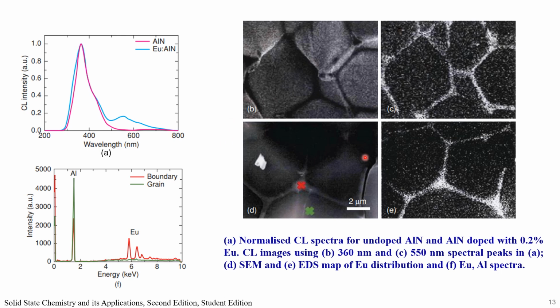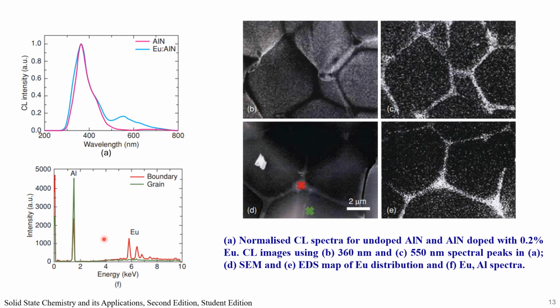This is further confirmed by SEM. D1 shows the SEM image and EDS image. E1 shows the EDS image of grain and grain boundary regions, showing the regions of high europium content in E.